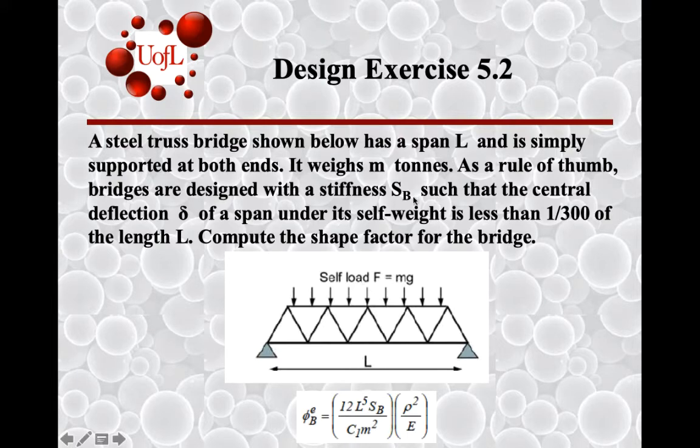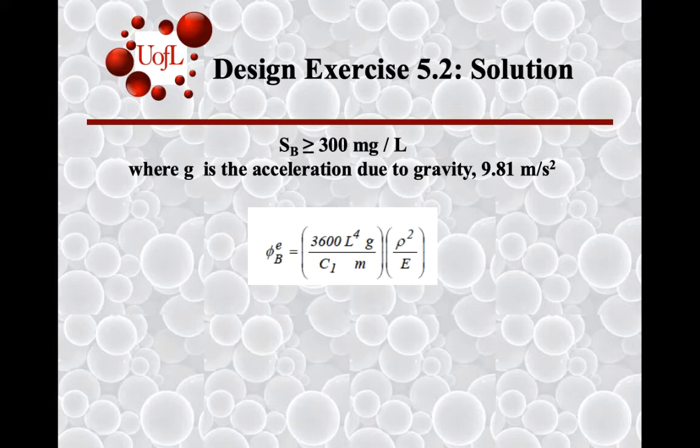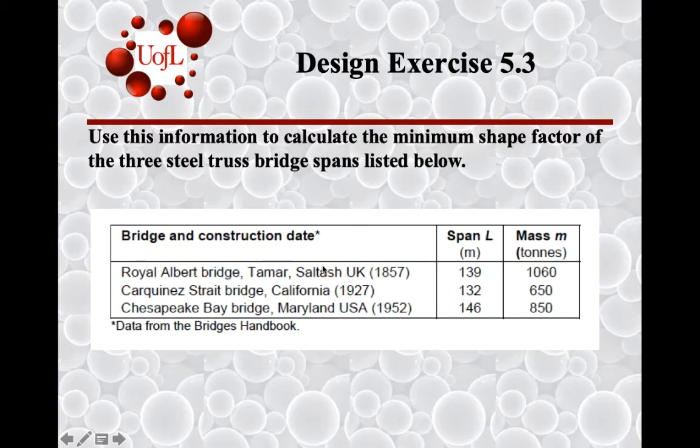We are given mass, we're given length, and we are given stiffness offered as a function of the length. So stiffness is given by this term where M and G and L are given. Knowing these terms, we can go ahead. The only thing that's directly missing is C1. And if we know that, we can go ahead and do this, right?